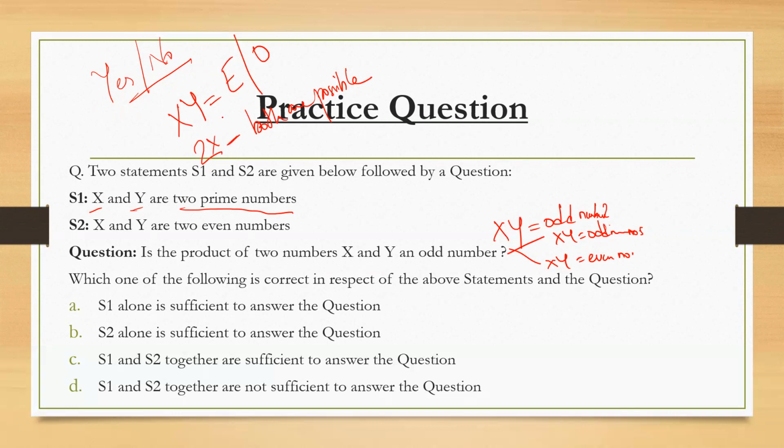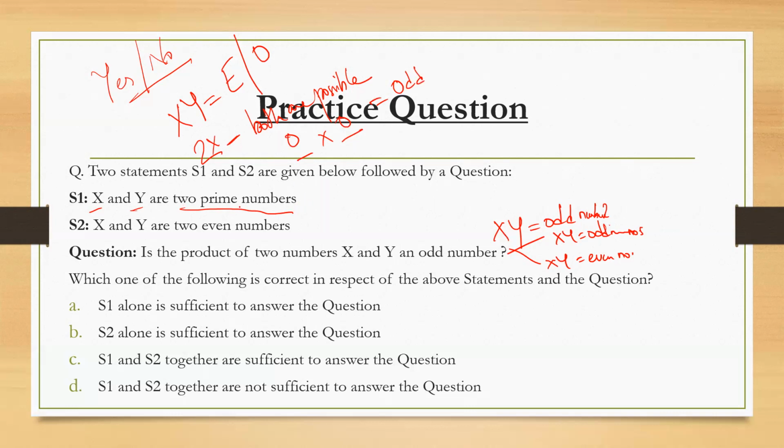But at the same time, if the number is not 2, then both prime numbers will be odd. For example, 3 and 5, 5 and 7, 7 and 11. In that case, their product will be odd. So what are we getting here?